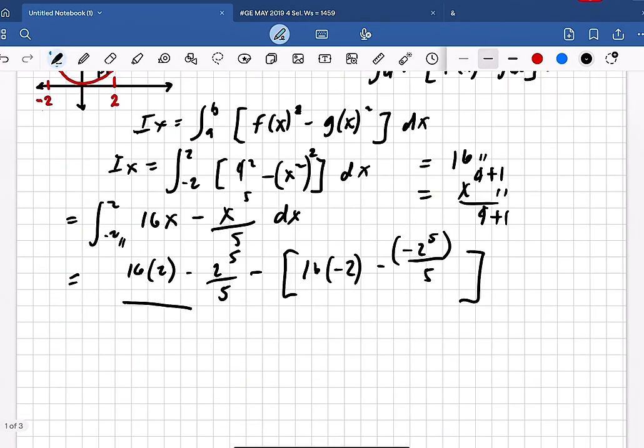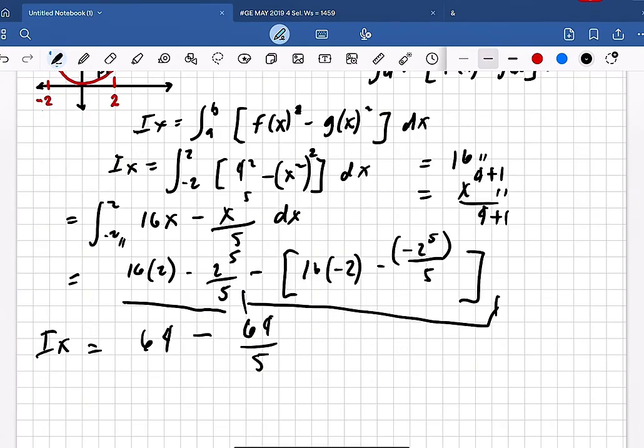If we plug this in the calculator, it gives us 64, and this one gives us 64 over 5. Then we subtract it, so this gives us 256 over 5, or in decimal this is equal to 51.2 units.